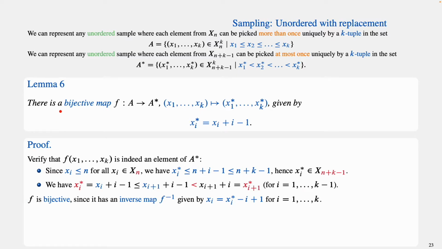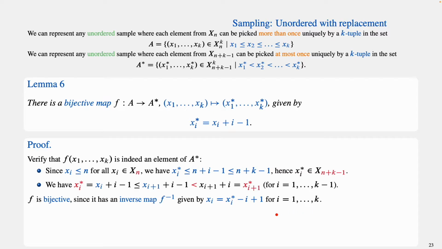Next, we will show that f is in fact a bijective map. And we do this by stating an inverse map, f to the minus 1, for f. And we know that if a map has an inverse map, then it is bijective. And we define the inverse map by taking as input a sequence x1 star to xk star and mapping it to a sequence in A, where the entries are given by xi being equal to xi star minus i plus 1 for i from 1 to k.